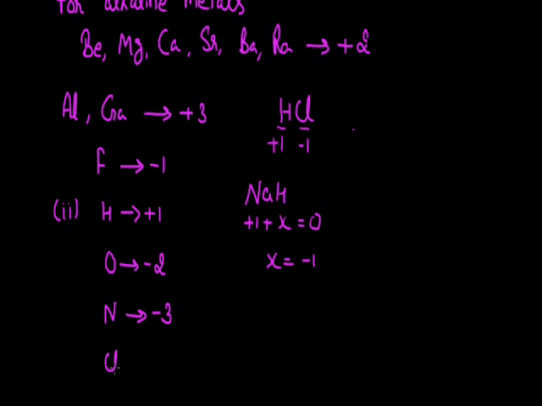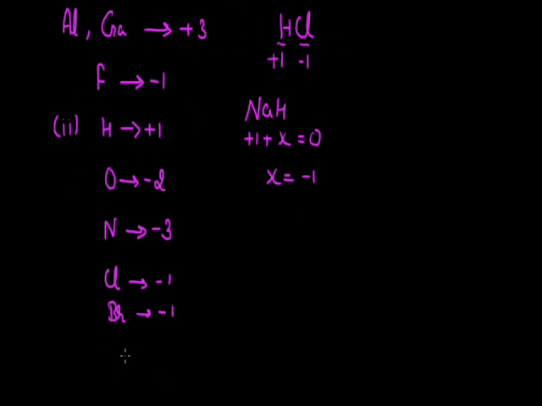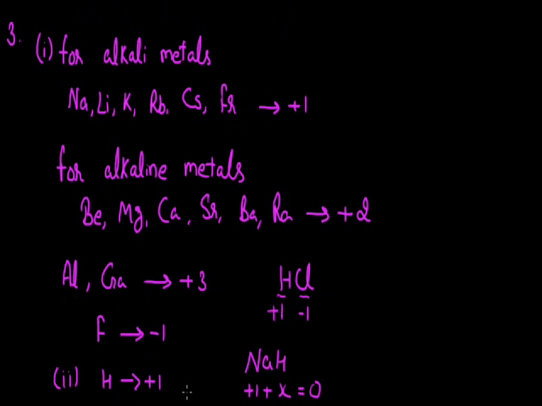For chlorine, generally it shows the oxidation state -1. Bromine shows the oxidation state -1 again. Iodine shows the oxidation state, same as the other halides, -1. And sulfur shows the oxidation state -2. These are the general oxidation states that we are to use in decreasing order of priority.